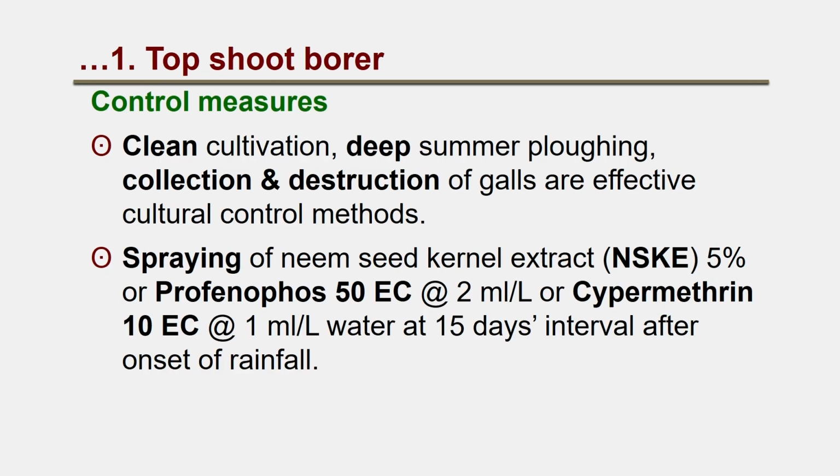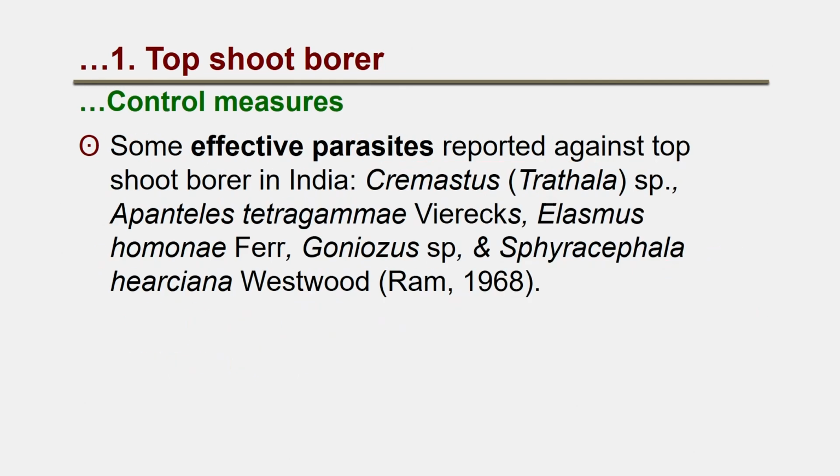Control measures: clean cultivation, deep summer plowing, collection and destruction of galls are effective cultural measures to control this insect. Spraying of neem seed kernel extract 5% or profenophos 50 EC 2 ml per liter or cypermethrin 10 EC at the rate of 1 ml per liter water at 15 days interval can control this insect.